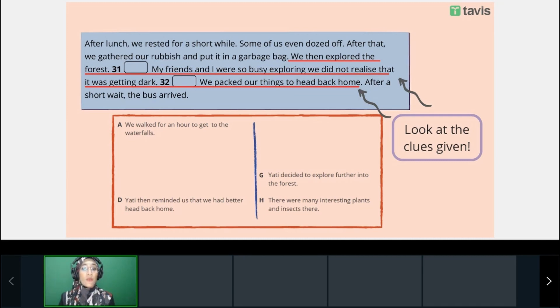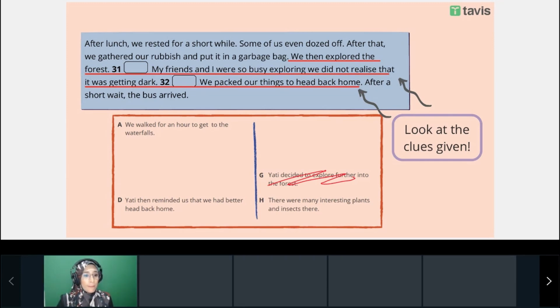Yati decided to explore further into the forest. But don't you think it's a little redundant? It's repeating itself actually, because it says here we then explored the forest and then Yati decided to explore further. It's sort of the same idea as well, right? So I wouldn't think that G fits best for 31.